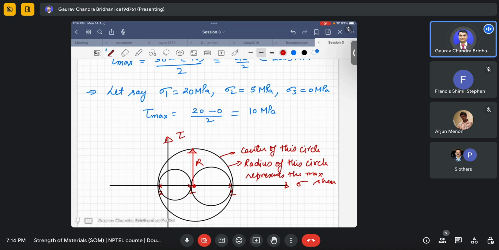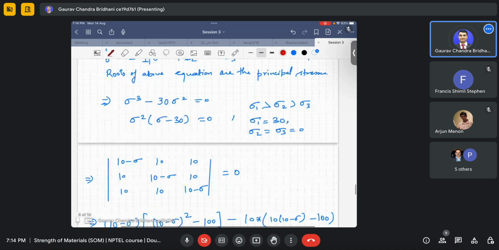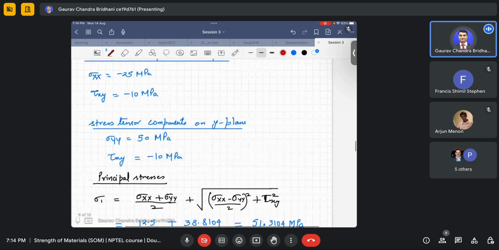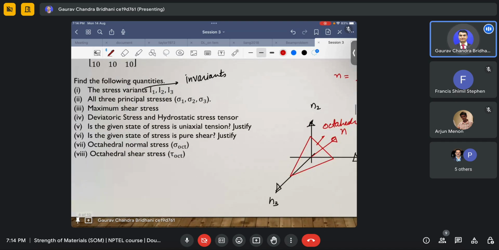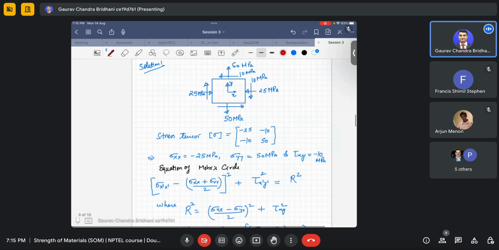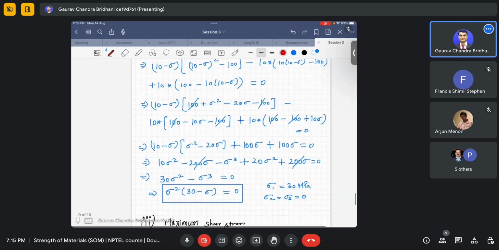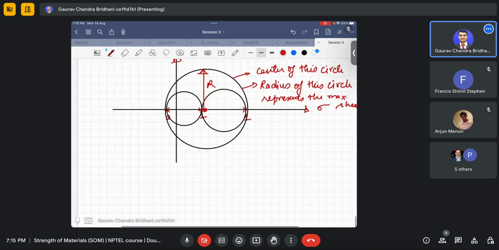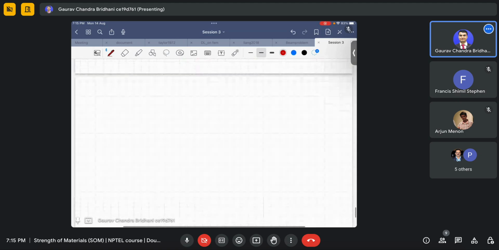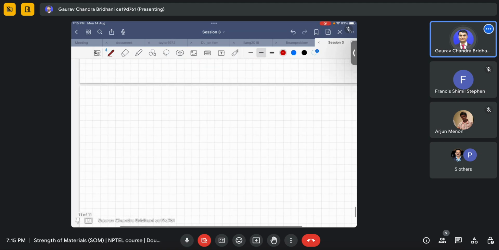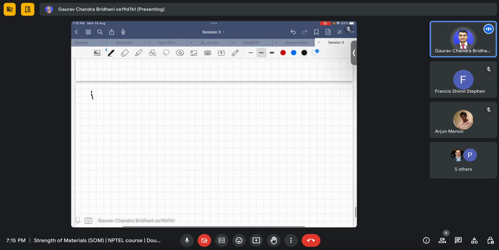Now coming to the next question, which is I think decomposition of the stress tensor into deviatoric and hydrostatic parts. Okay, let's do that. So this is the fourth part.